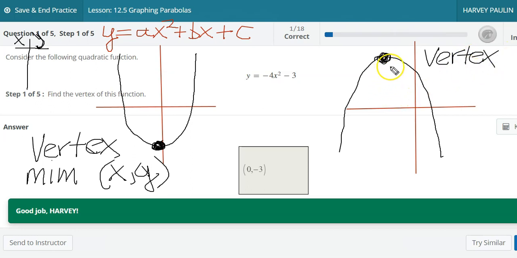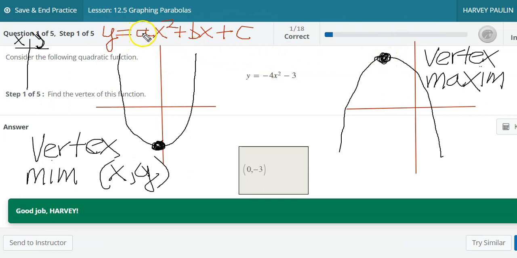Now, if a is negative, the vertex is the maximum. And you can spell the rest of that out, indicating that's as high as it will go.